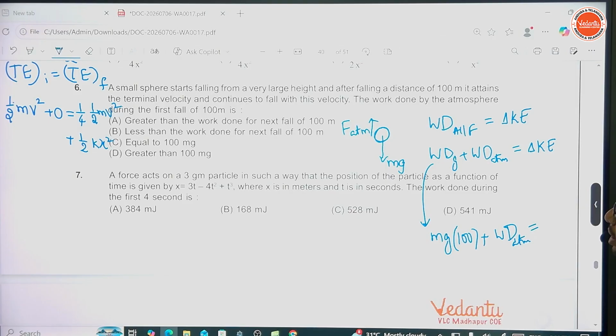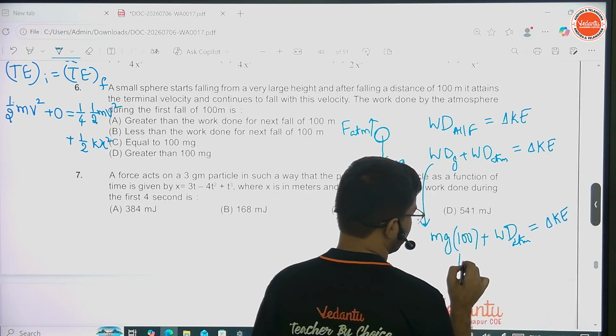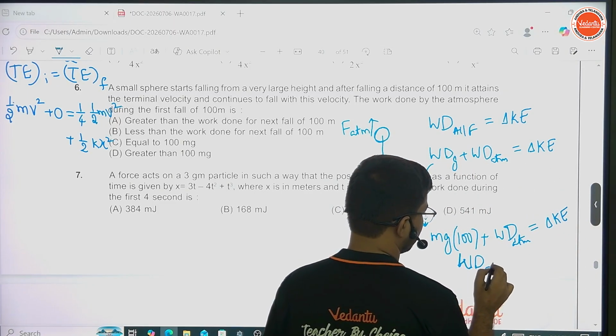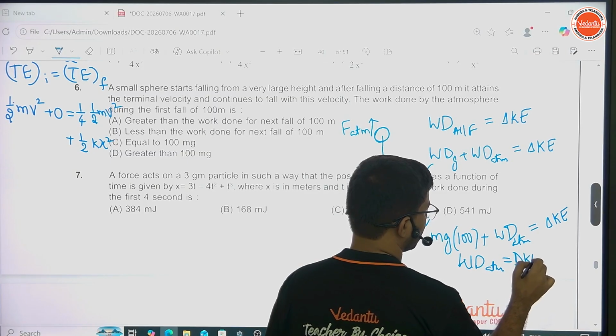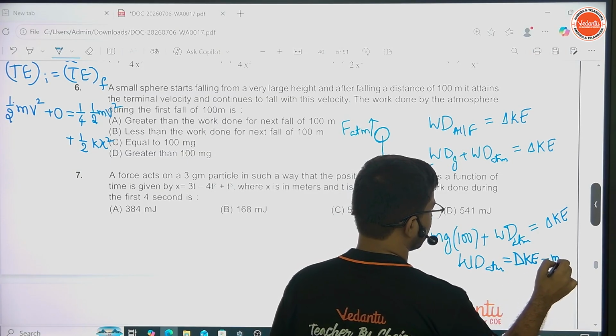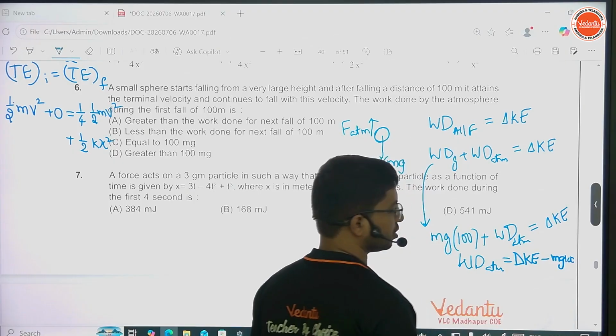What is the change in kinetic energy here? They are not asking us for the exact value. They're just asking whether it is greater than or less than something like that. So let us write just delta KE over here. Now, the work done by atmospheric force is equal to the change in kinetic energy minus mg into 100.